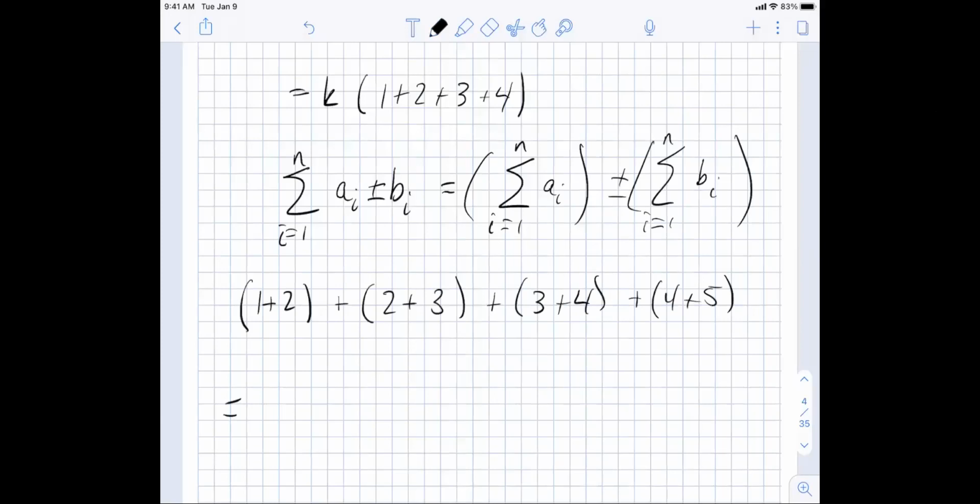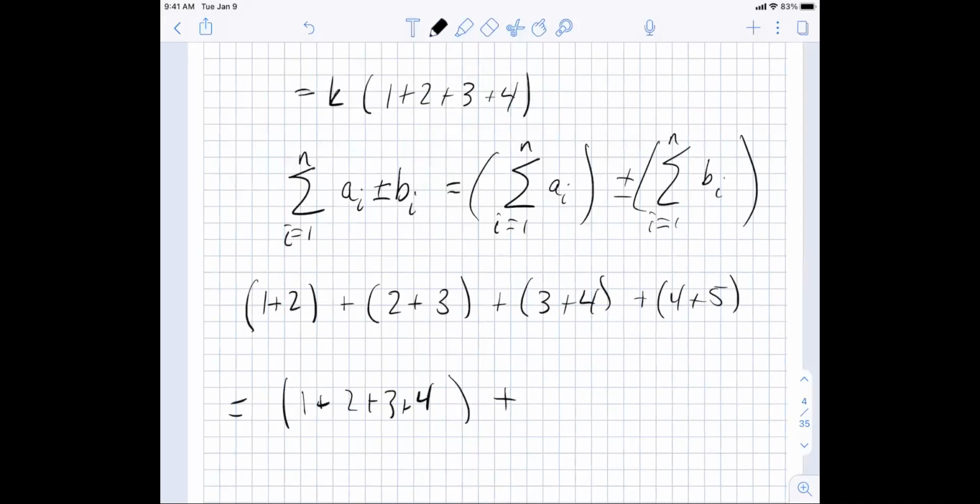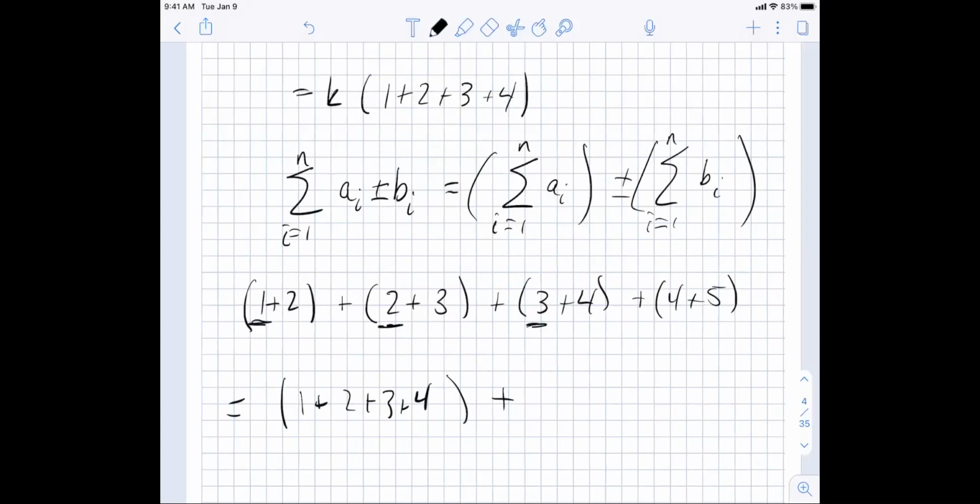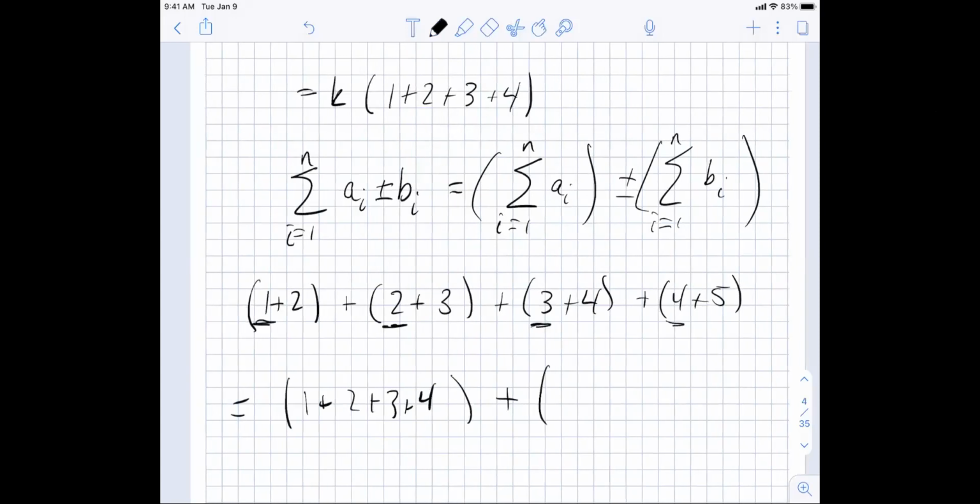If you're looking at something like that, all this is saying is that I can add all the first terms in each term. I can collect all those guys together. So this would be 1 plus 2 plus 3 plus 4, so that was all the first pieces, plus 2 plus 3 plus 4 plus 5.